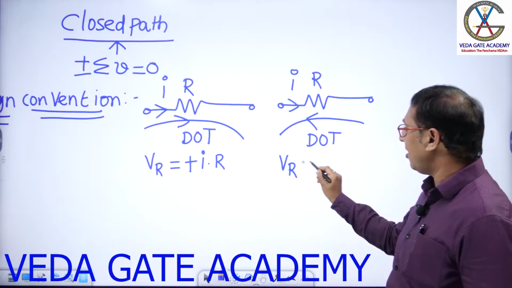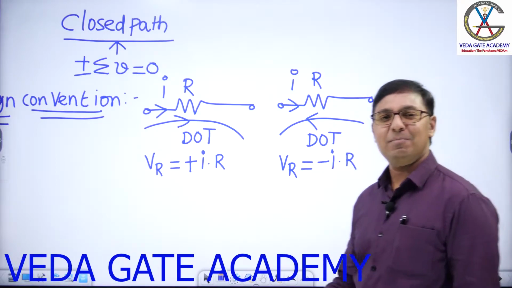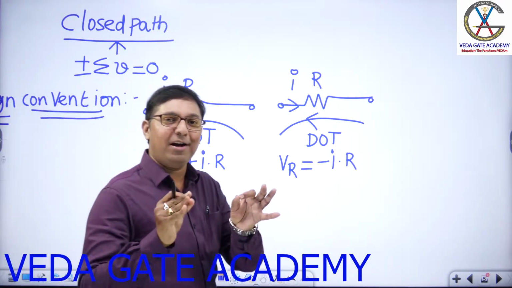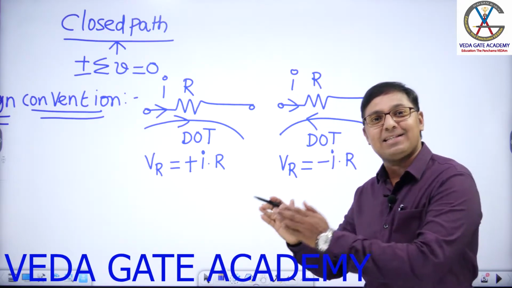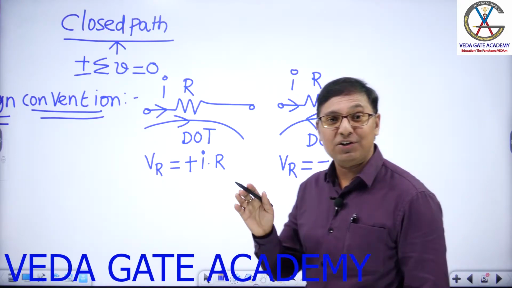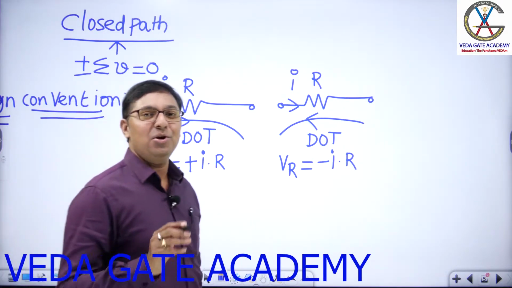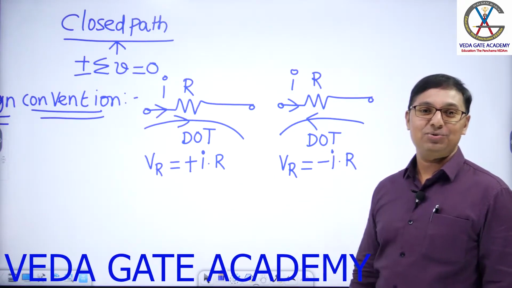The voltage drop across the resistor we write as minus I into R. Simple statement: if branch current and direction of travel are in the same direction, the voltage drop across the resistor is plus I into R. If they are in opposite direction, the voltage drop is minus I into R.